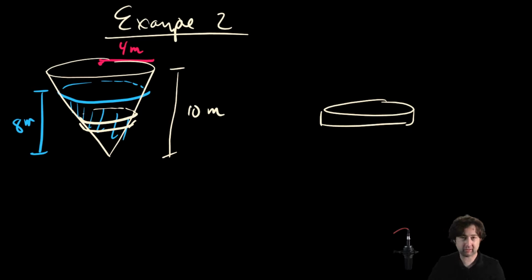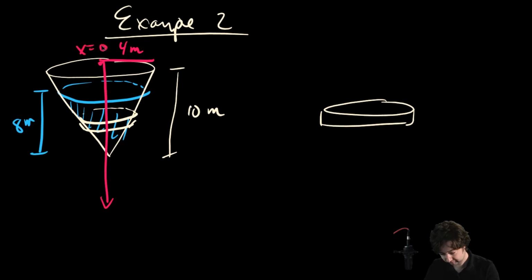Frequently in this class, it's convenient to let 0 be the height of the top of the tank. And if we orient this in a downward direction, then gravity will be a positive force. So this is the positive direction, which is why I've drawn that arrow down. So x is downward oriented, and 0 is at the surface.